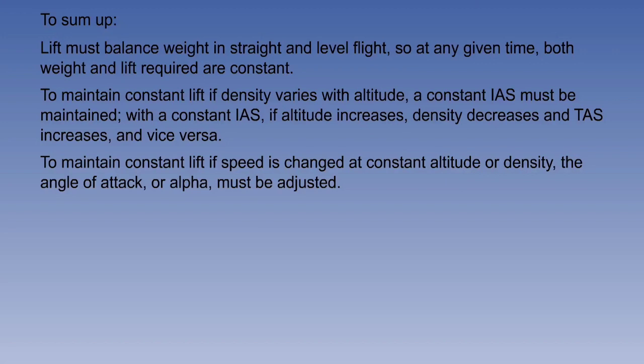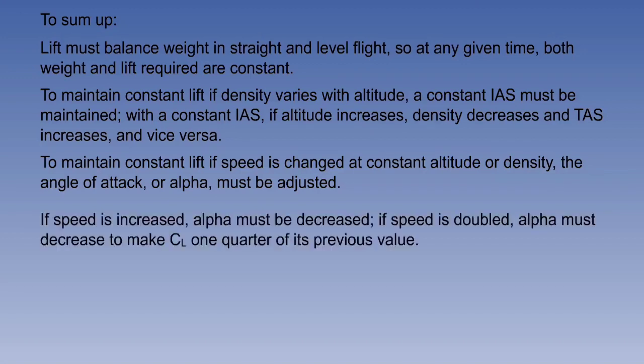To maintain constant lift, if speed is changed at constant altitude or density, the angle of attack, or alpha, must be adjusted. If speed is increased, alpha must be decreased. If speed is doubled, alpha must decrease to make CL 1/4 of its previous value.